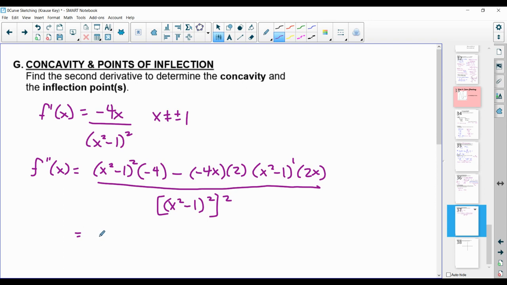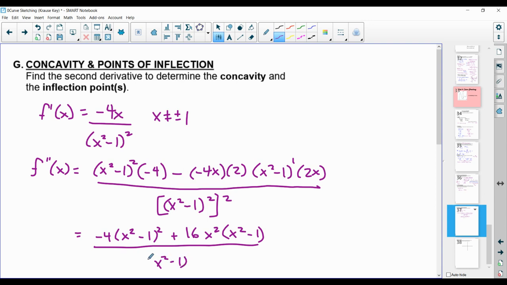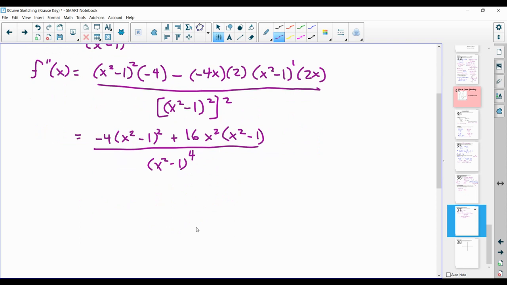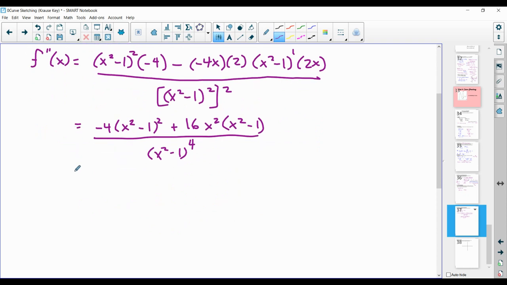Multiplying this through, we're going to have negative 4 times x squared minus 1 all squared plus 16x squared times x squared minus 1 all over x squared minus 1 to the 4th. Now at this point, this is a good opportunity to do some factoring. So we're going to pull out a negative 4.